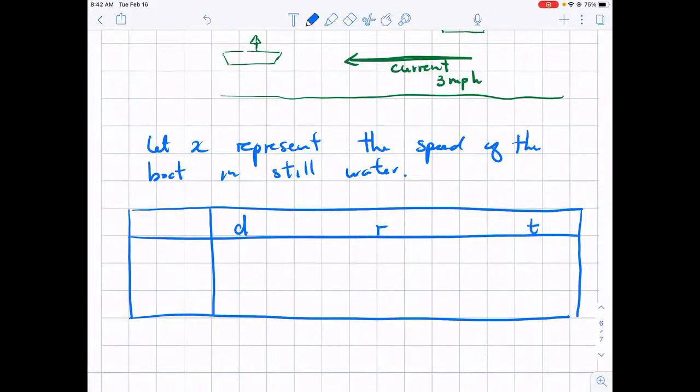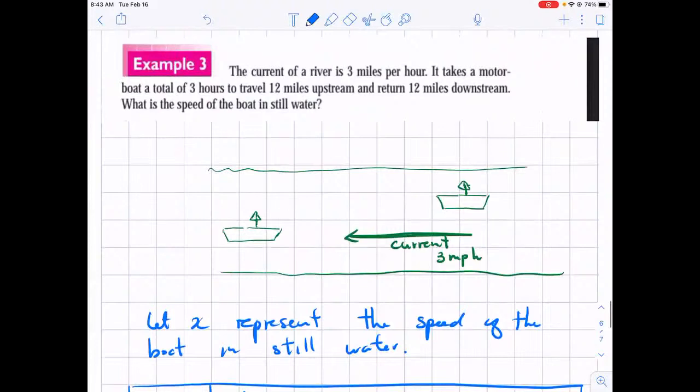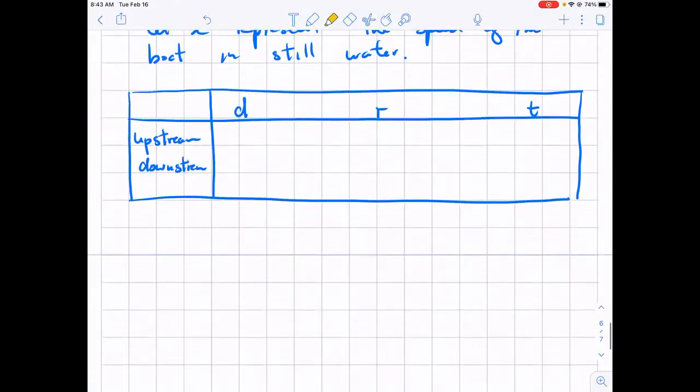And once again, we're talking about upstream, and we're talking about downstream. So if you look at the problem, the distance they travel is 12 miles upstream and 12 miles downstream, okay? So our distance here is 12.